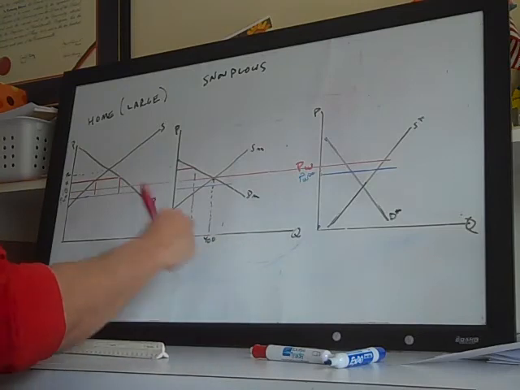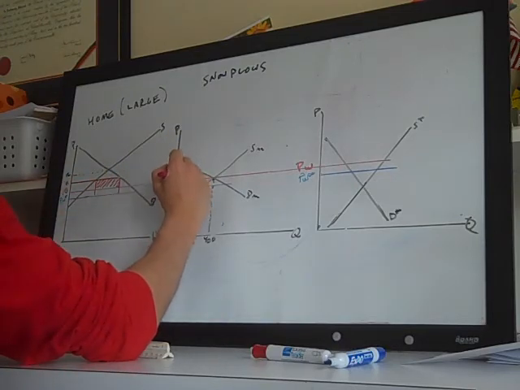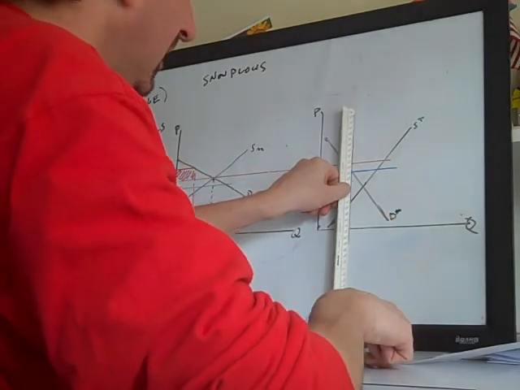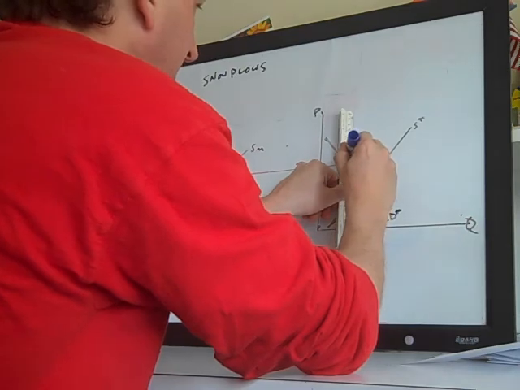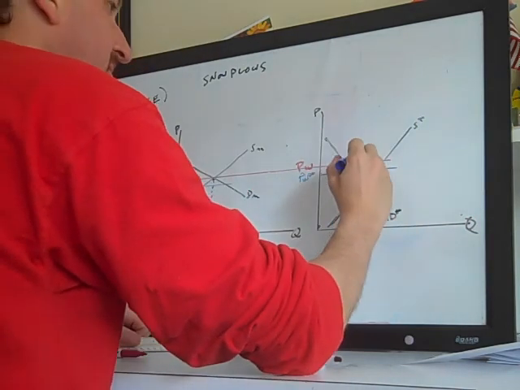But who's paying it? Well, that piece is being paid by home consumers, and that is that amount. However, this piece is actually being paid by ROW producers, right?